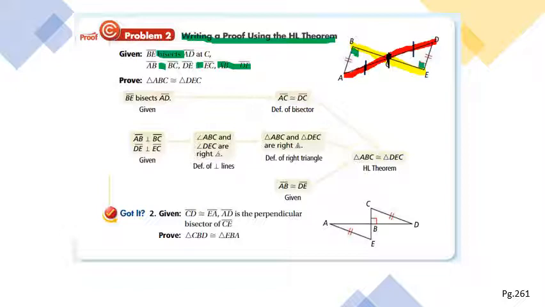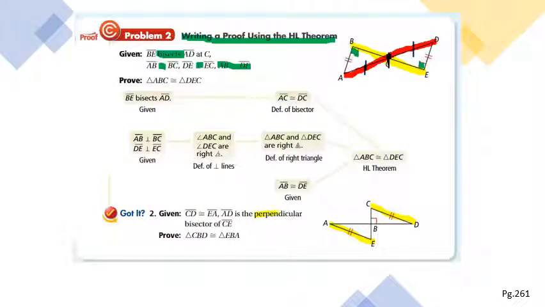Okay, let's see next, number 2. Here given that CD is congruent to EA. And this is the hypotenuse, is it right? And then they give you that AD is the perpendicular bisector.